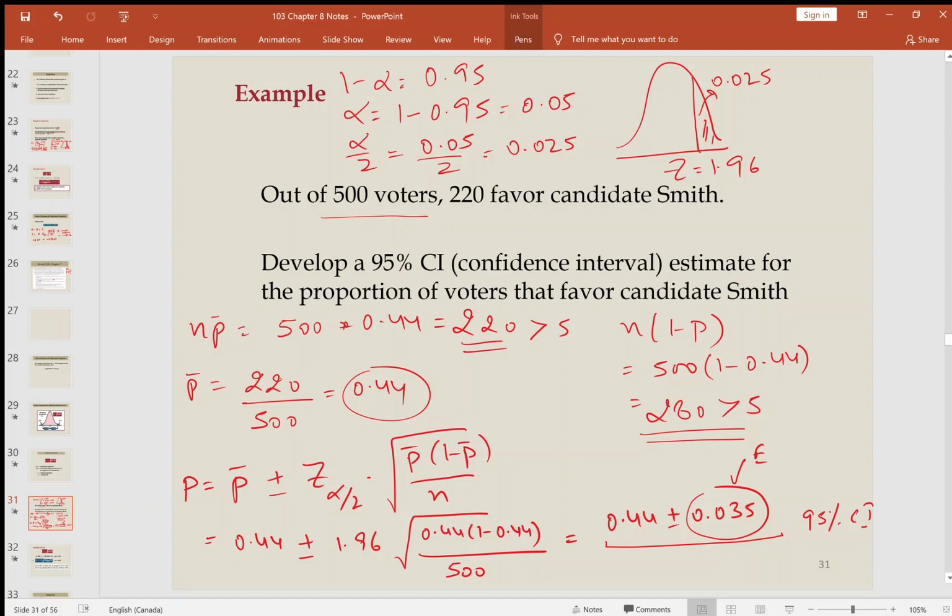Okay, so if we subtract and add, this should come to 0.3965 to 0.4835.